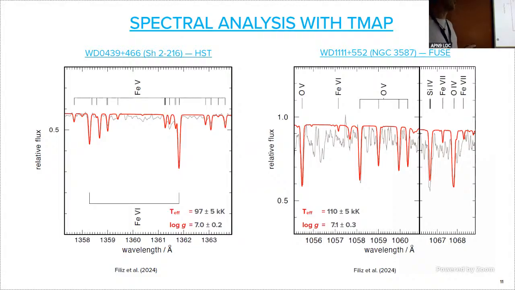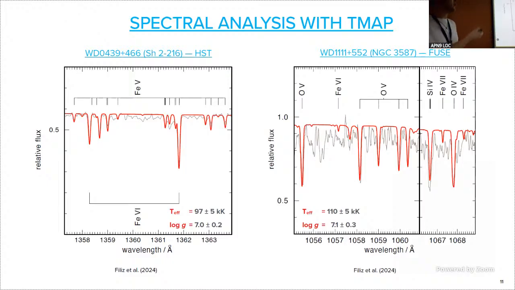If I fit all of these iron 5 and iron 6 ions with the same temperature and log g, and if I have multiple ions like carbon 3 and carbon 4 that agree on the temperature, then I have a very good estimate of my temperature.